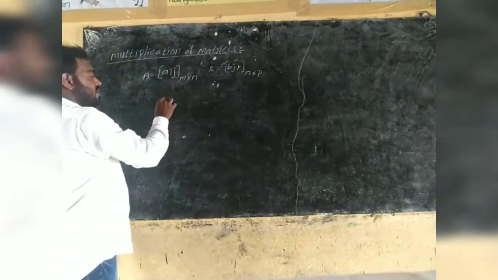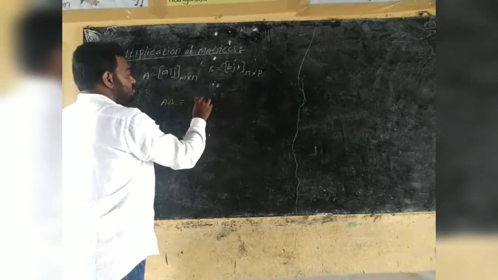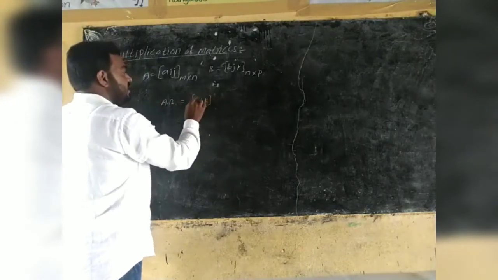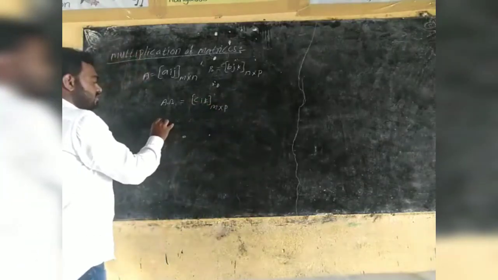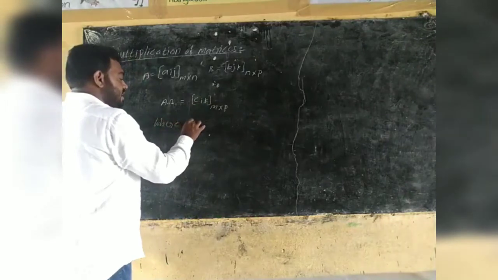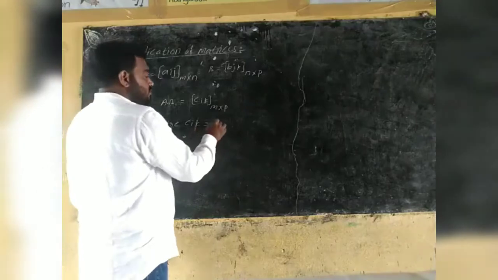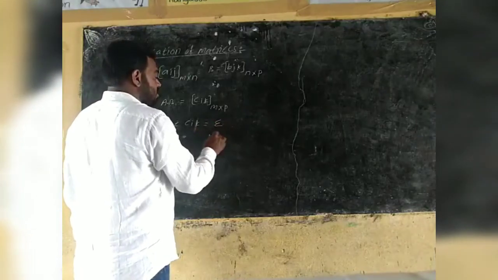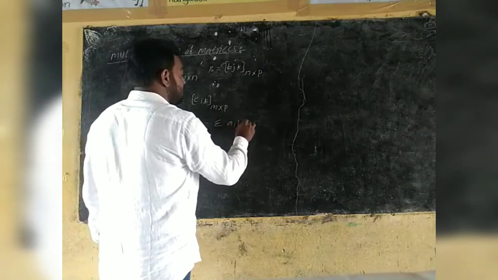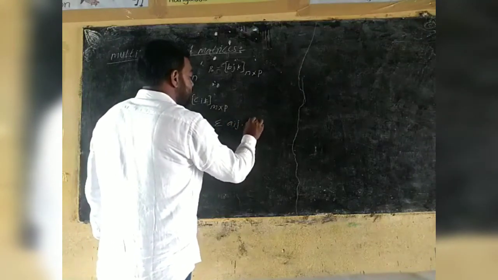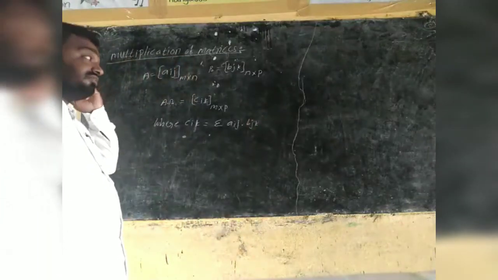The product of the matrices is denoted by A dot B, which is equal to Cik of order M cross P, where Cik is equal to the summation of Aij into Bjk, like this we write.